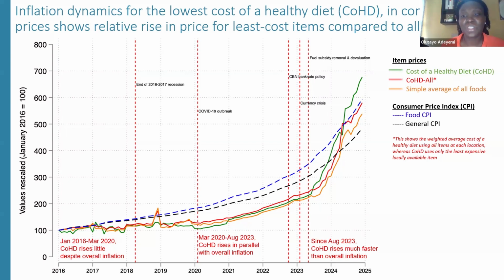But since August 2023, the cost of healthy diet has been rising much faster than overall inflation, and also more than if you use all the foods in the basket, that's more expensive foods as well as least cost foods. And what this means is that the cost of the least cost items, so the cheapest items in a sense to achieve a healthy diet, that cost is rising faster compared to all other foods or goods.